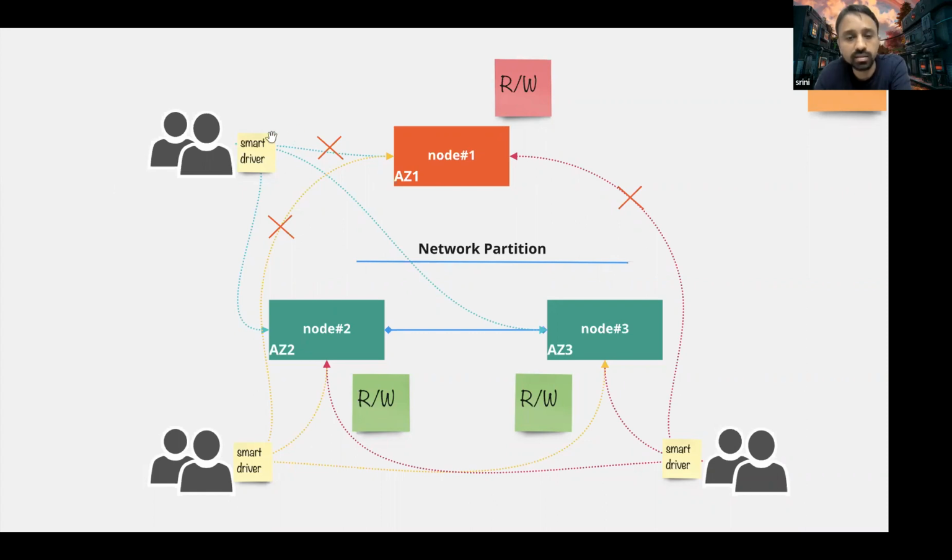So whatever connections were established to node one when it was healthy and attached to the cluster, all those would get invalidated, and the smart driver would reinitiate those connections to other surviving nodes in the cluster, right? In this case, the client does not need to do the heavy lifting. The heavy lifting is automatically done by the smart driver for the clients connected using the smart driver, right?